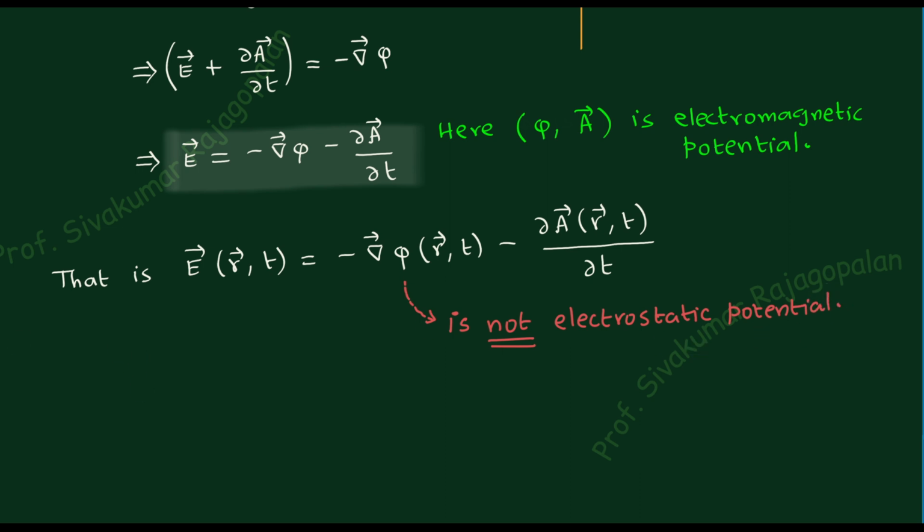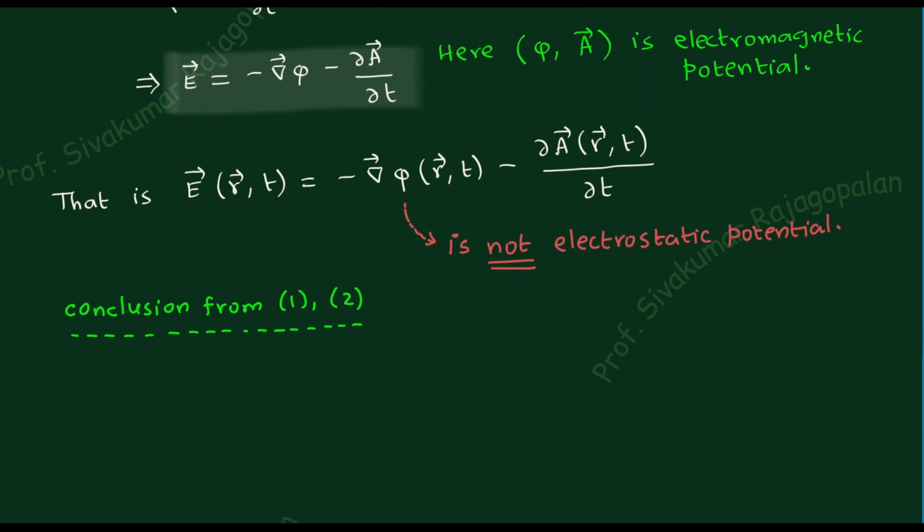This is the main information that we get from the homogeneous differential equations. So I will write down the conclusion. Equations 1 and 2 are homogeneous differential equations. So what is your conclusion from the homogeneous differential equations? One is that B equals curl of A. And the second conclusion is electric field equals minus gradient of phi minus dou A by dou t.